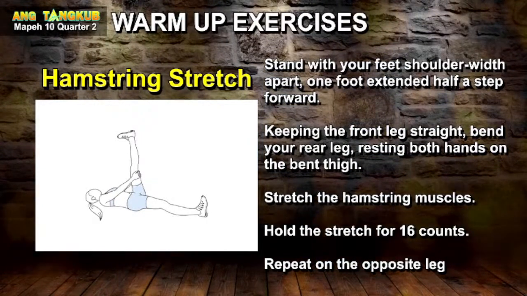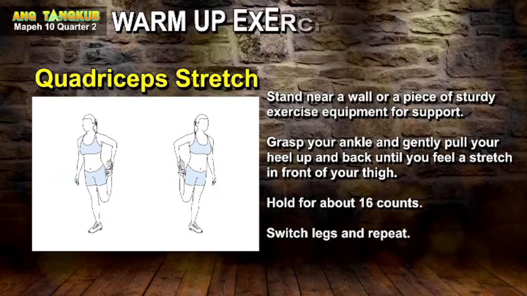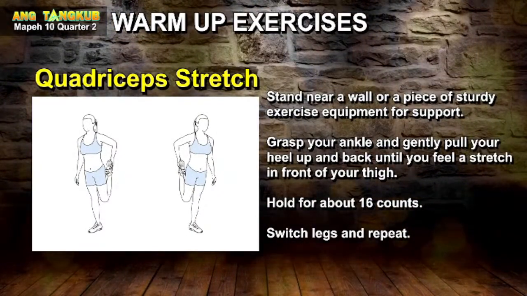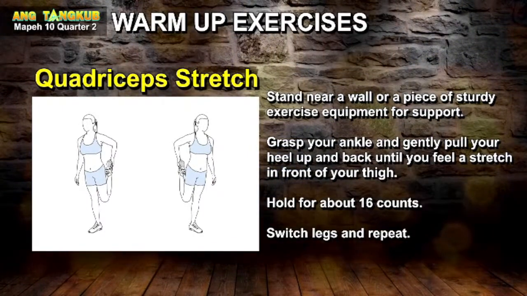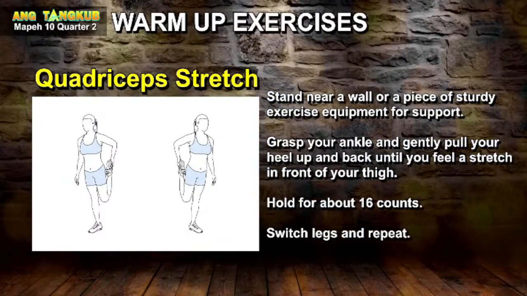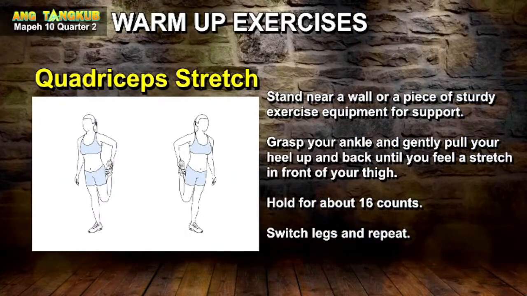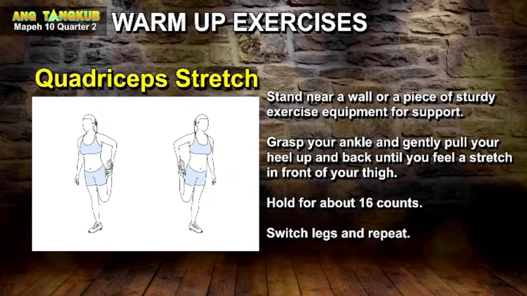Repeat on the opposite leg. Quadriceps stretch. Stand near a wall or a piece of stable exercise equipment for support. Grasp your ankle and gently pull your heel up and back until you feel a stretch in front of your thigh. Hold for about 16 counts. Switch legs and repeat.